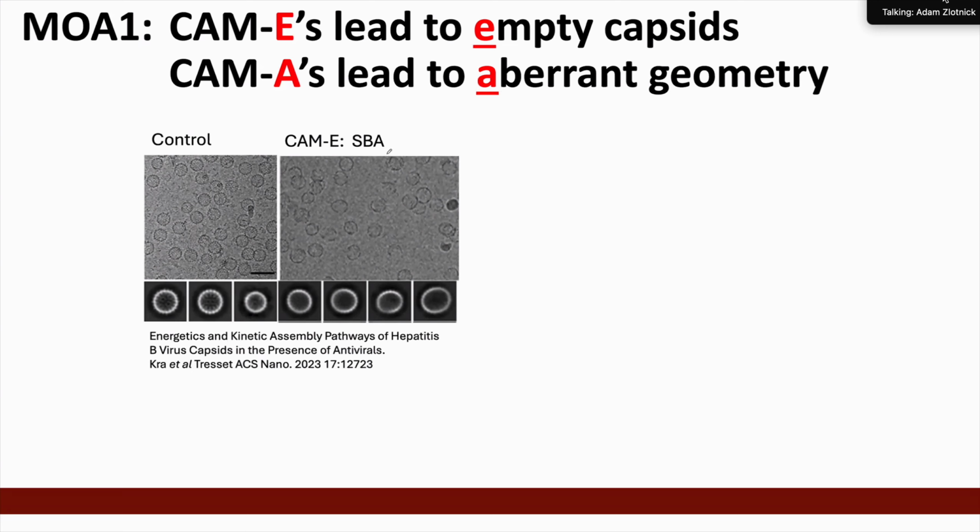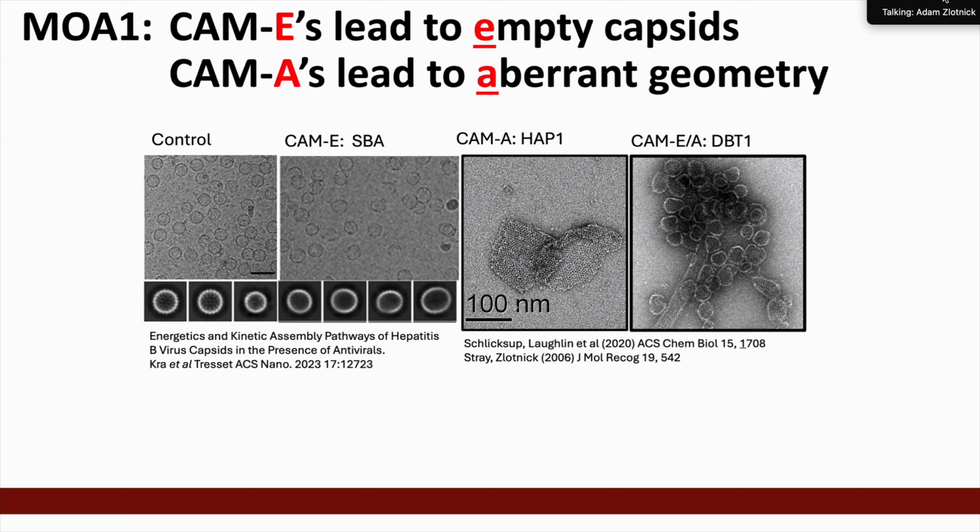However, and this is a classic CAM-E, sulfamoyl benzamide, in class averages, we can see that the vast majority of these particles are actually defective. They are no longer circular. This is nothing nearly as florid as what a CAM-A will do. A CAM-A, like a HAP, favors hexagonal sheets and can lead to huge, monstrous things.